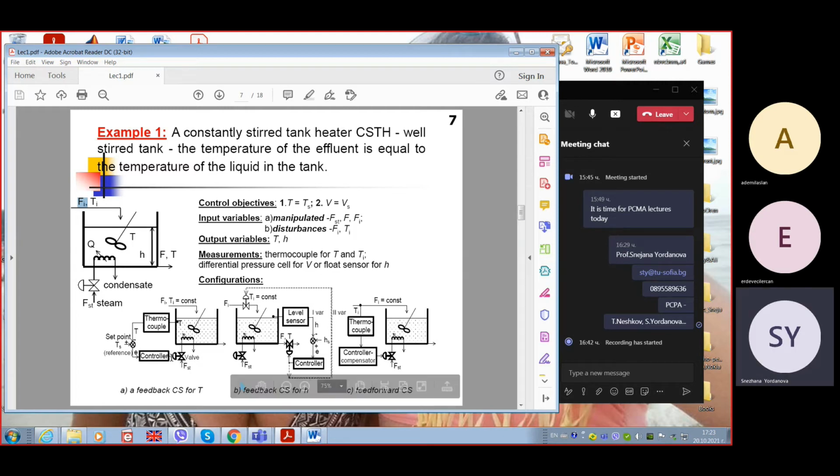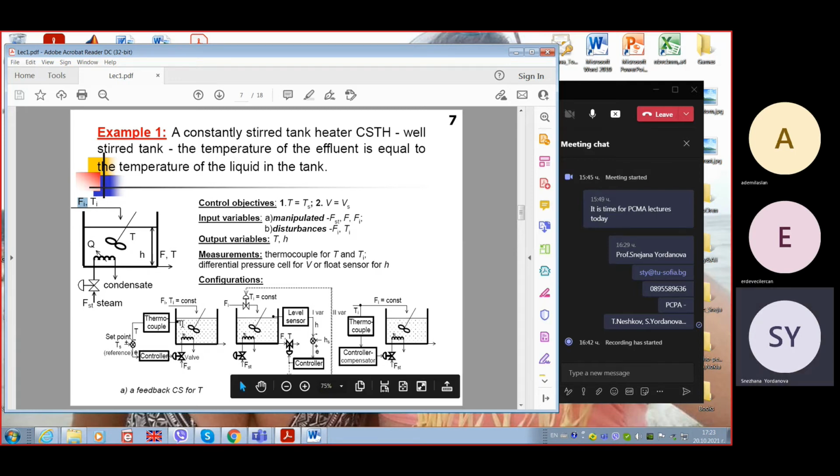So the voltage, the current, or the pressure of air or liquid, which will make this actuator change the opening in the valve and respectively the flow rate of heating agent, or in here of liquid. So changing the raw materials, the energy needed for the process inside the tank.